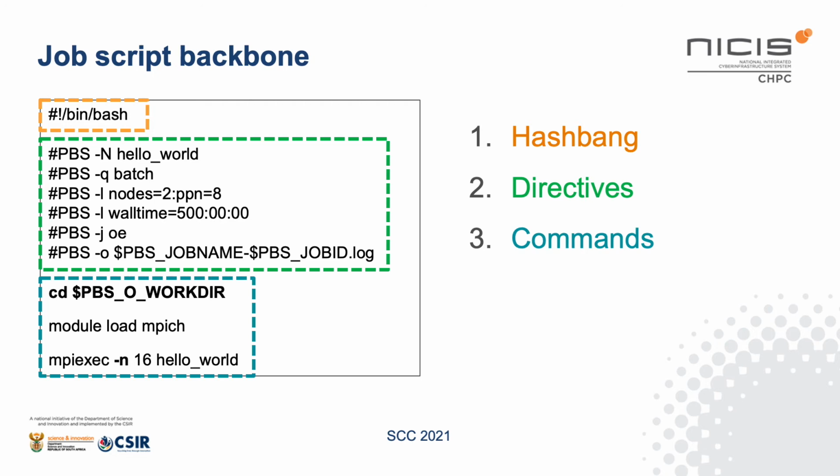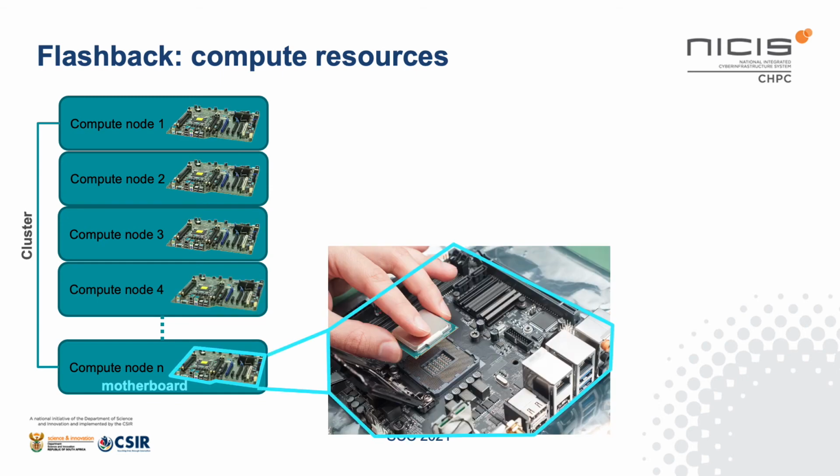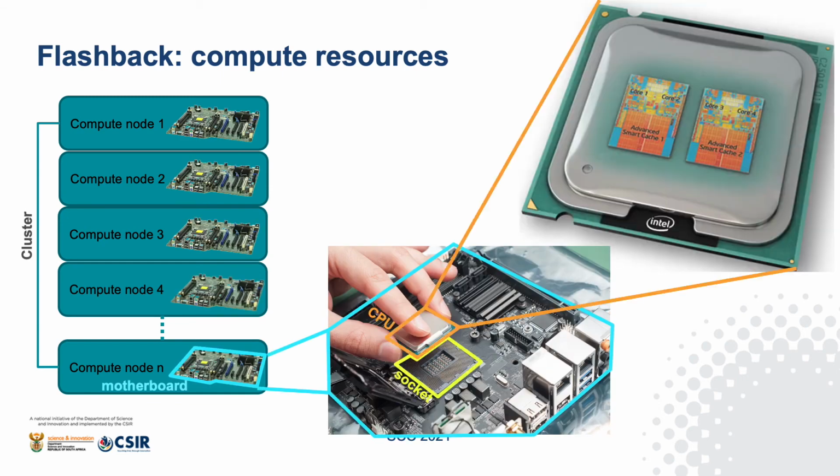In order to specify job requirements appropriately, we must know what it is we are asking for. Let's do a quick recap of some of the important concepts needed to request compute resources from a batch system. A cluster contains a number of compute nodes. Each of these nodes has, among other things, a motherboard, which has one or many sockets into which you can plug CPUs.